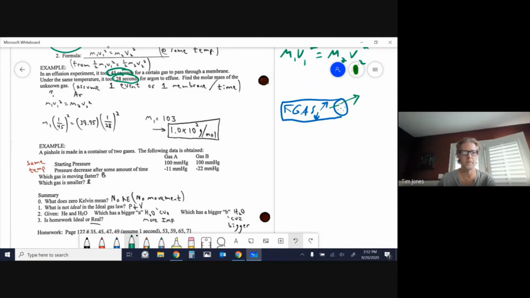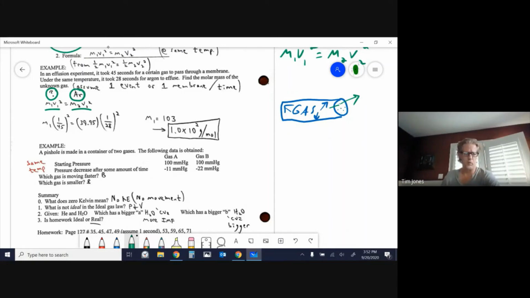Okay. Well, first, when you look at our equation, M1 V1 squared equals M2 V2 squared, I recommend you decide who you want to be gas 1 and who you want to be gas 2. I decided to make my unknown gas 1 and argon gas 2 just because that's the order they were given in the problem, but it doesn't really matter.